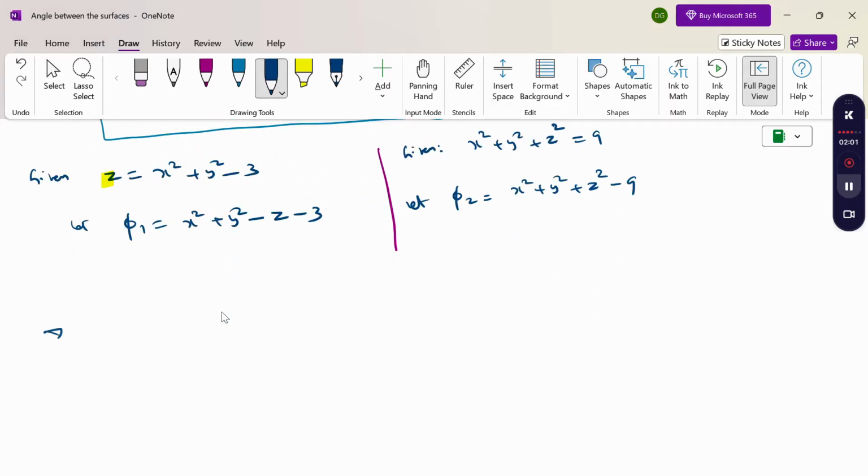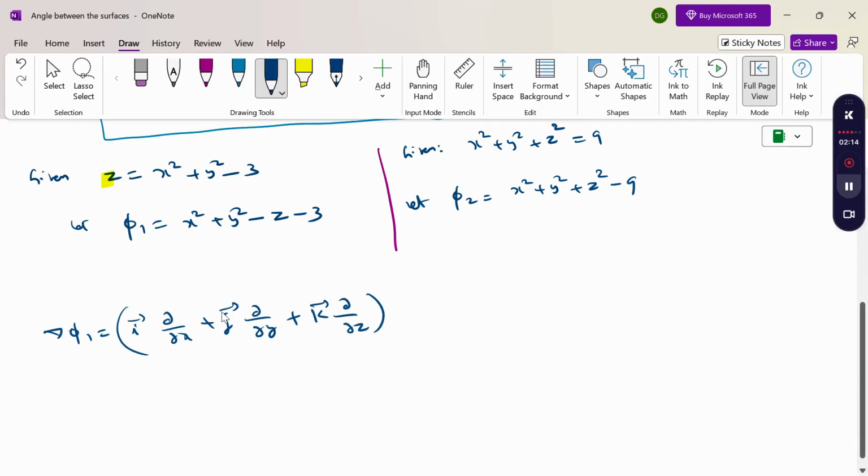Del phi 1 equals i vector dou by dou x plus j vector dou by dou y plus k vector dou by dou z, applied to x square plus y square minus z minus 3.